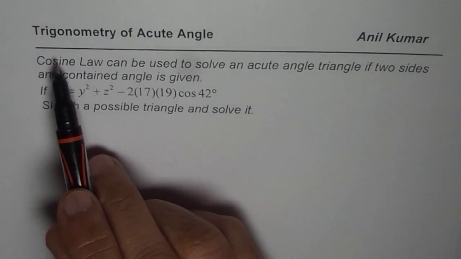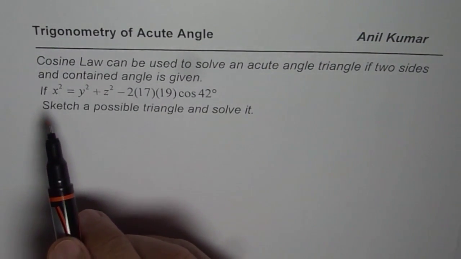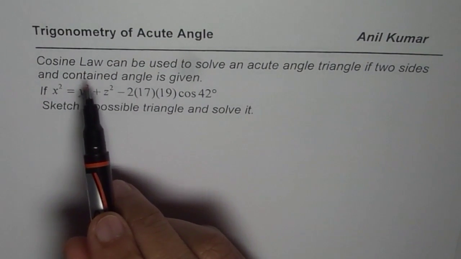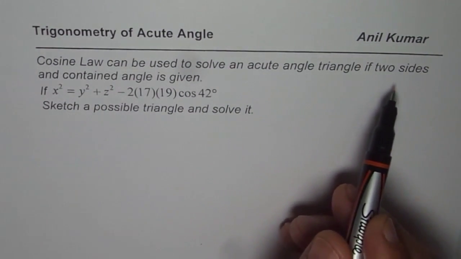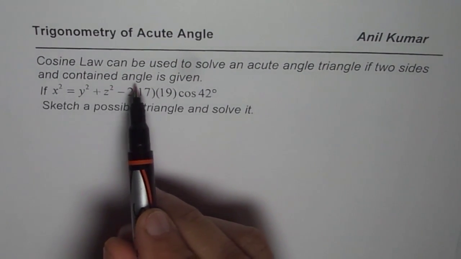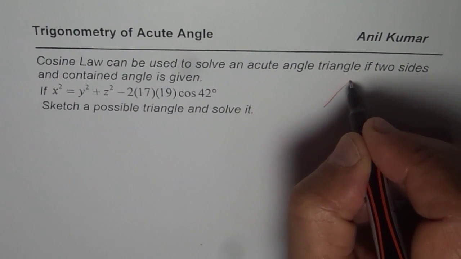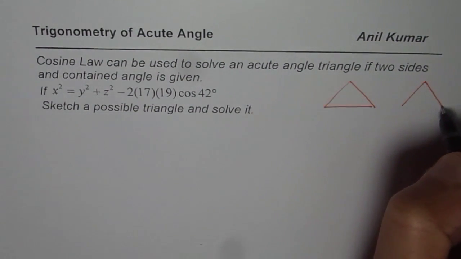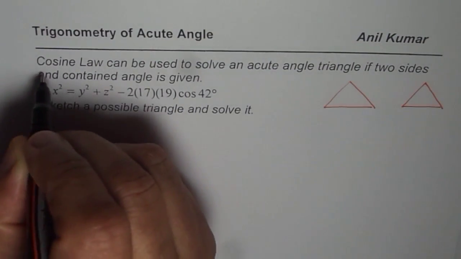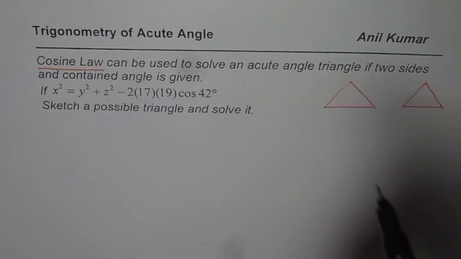We are trying to solve acute angle triangles using trigonometry. Question here is, cosine law can be used to solve an acute angle triangle if two sides and contained angle is given. One should understand that we have two laws, sine and cosine law, right? When should we use them? Now, cosine law can be used in two situations where sine law cannot be used.